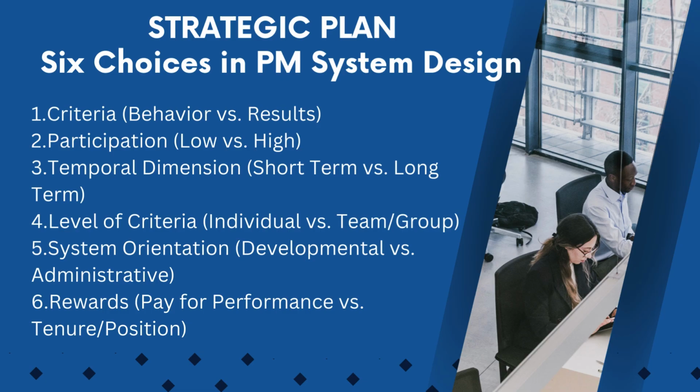Some choices in performance management systems are criteria, behavioral criteria versus result criteria; participation, low employee participation versus high employee participation; temporal dimension, short-term versus long-term criteria; level of criteria, individual versus team or group criteria; system orientation, developmental orientation versus administrative orientation; and reward, pay for performance versus pay for position.